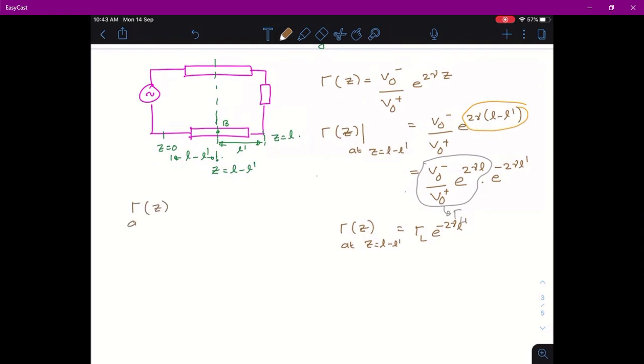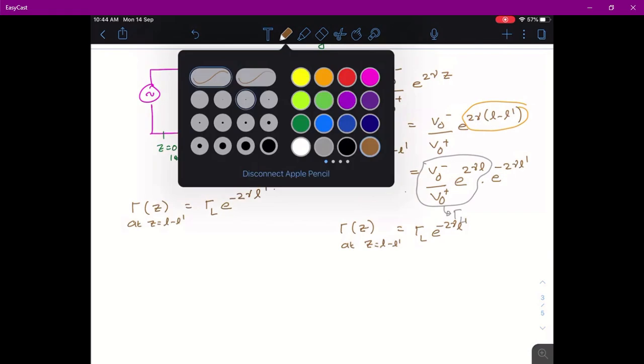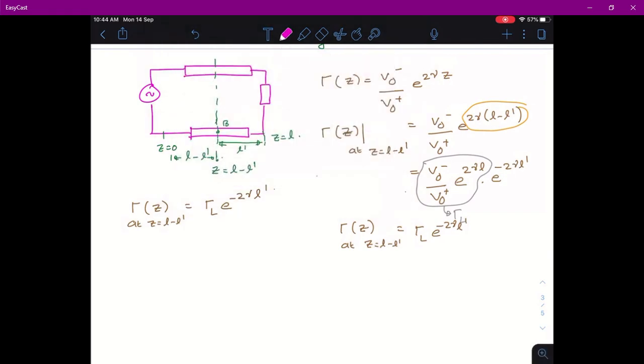Tau of z at z equal to L minus L dash is equal to tau L e raised to minus 2 gamma L dash. So, the reflection coefficient at any point on the transmission line, which is at a distance L dash from the load, is tau L e raised to minus 2 gamma L dash.